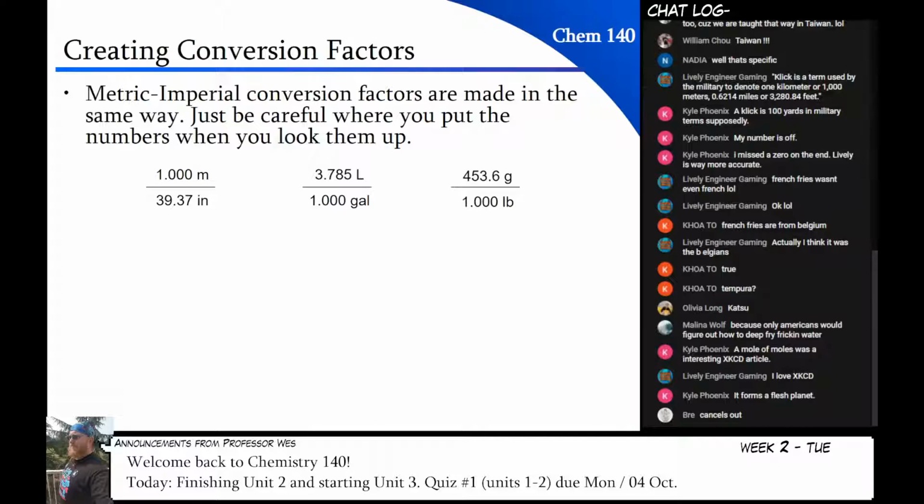Now, for other conversions, such as Imperial to Metric, these are just online. For example, if I go to Google, let me get Google up here. And I say metric to Imperial.